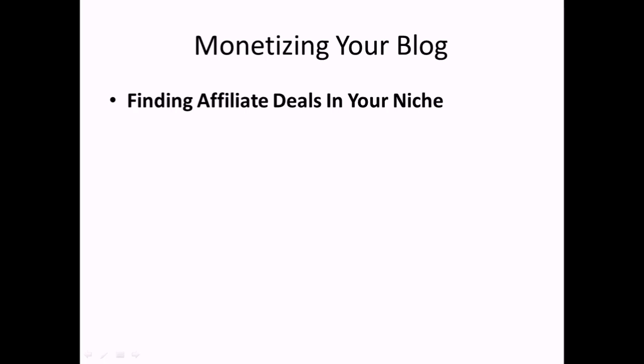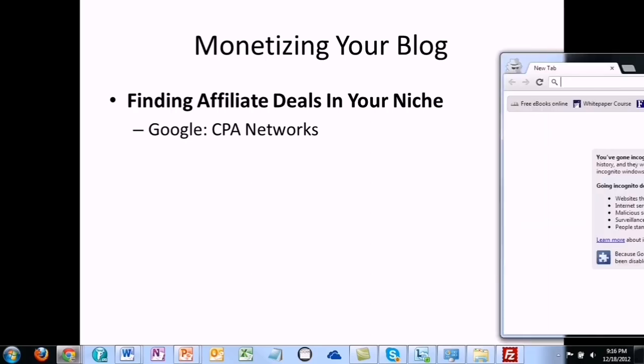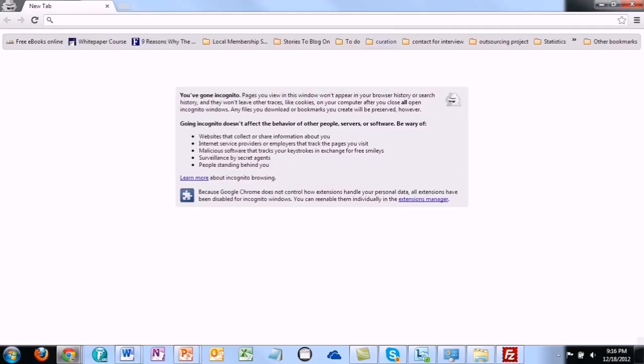So let's talk about the first one, and in order to do that, what I'm going to ask you to do, and I'm going to do it right here on screen with you, is to go to the search engines and look up CPA networks. And here's how we're going to do that.